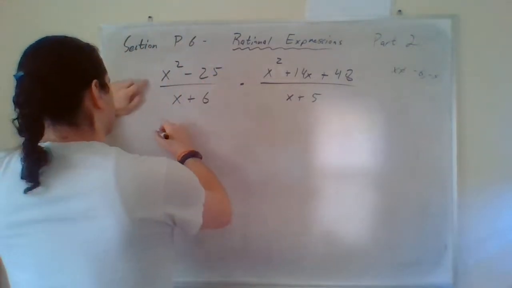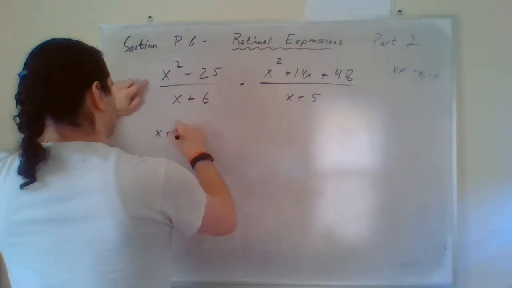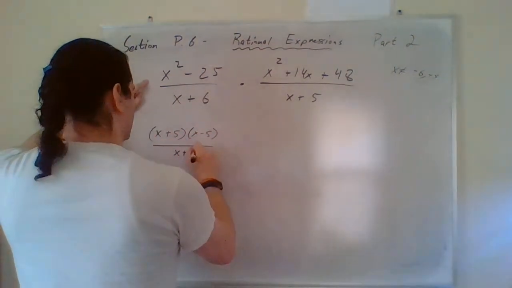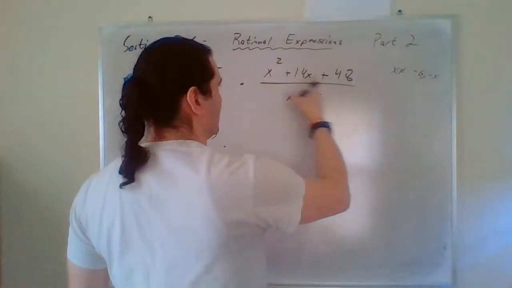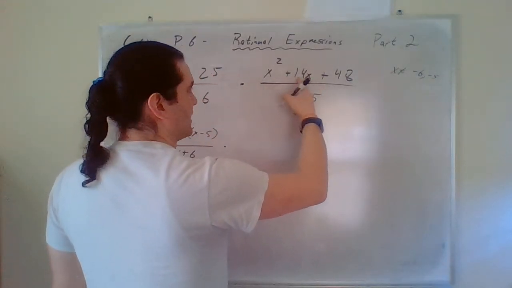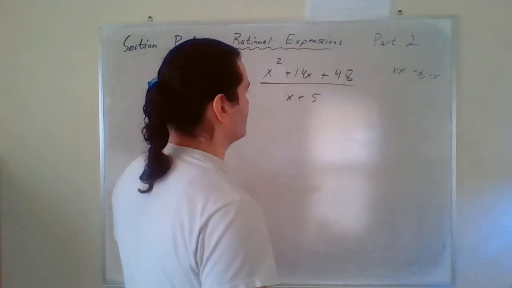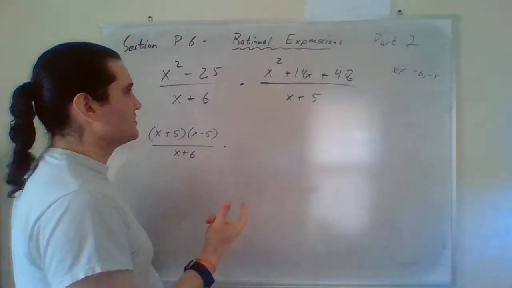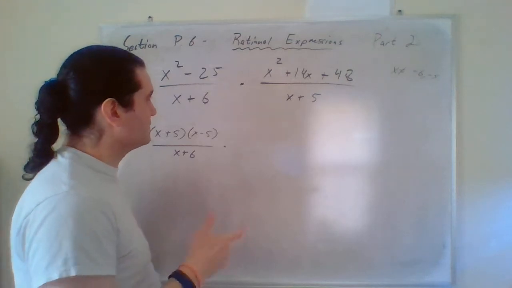So let's factor this. The top factor is pretty easy. This is x plus 5 and x minus 5 over x plus 6 multiplied by things that add to 14 and multiply to 48. We're real close to 7 and 7. So I think it's probably going to be 6 and 8.